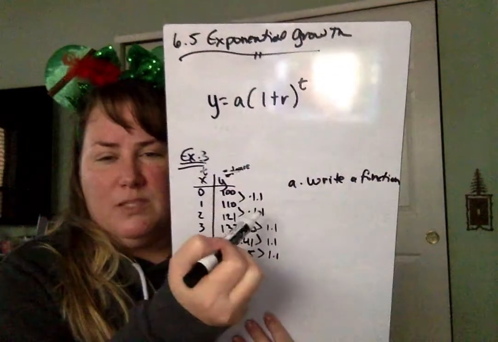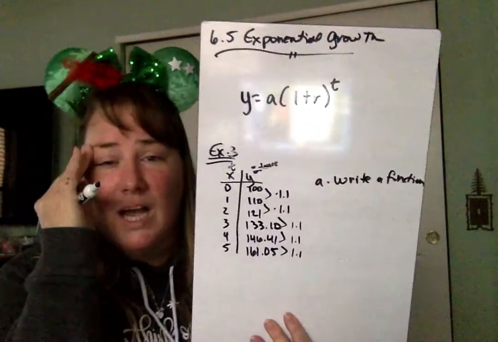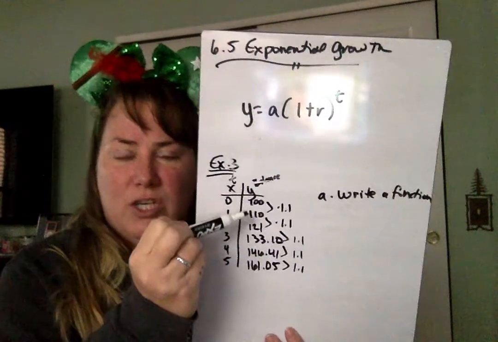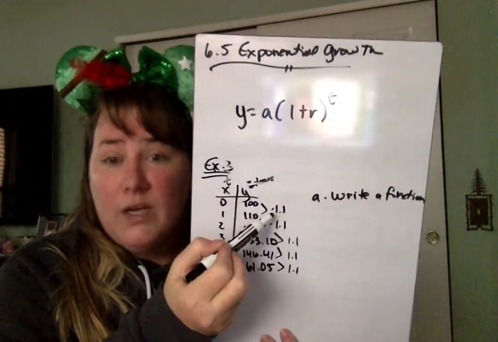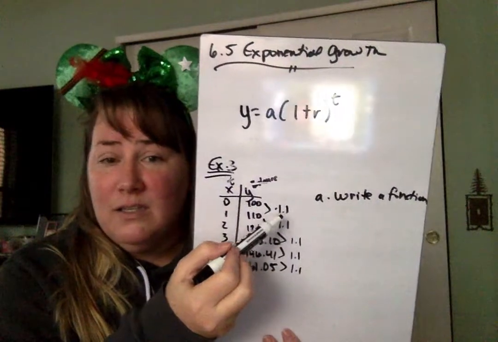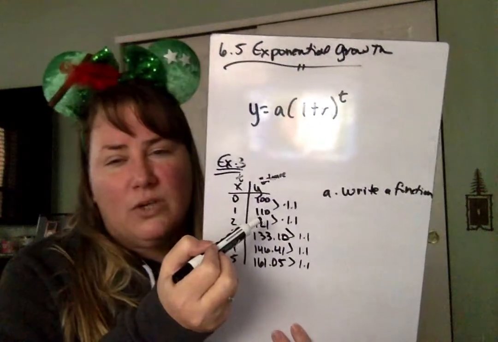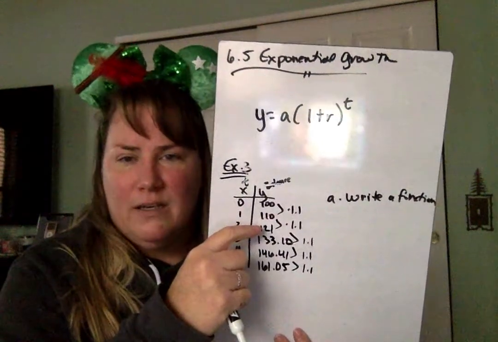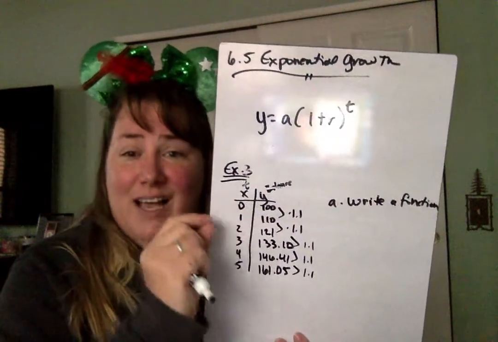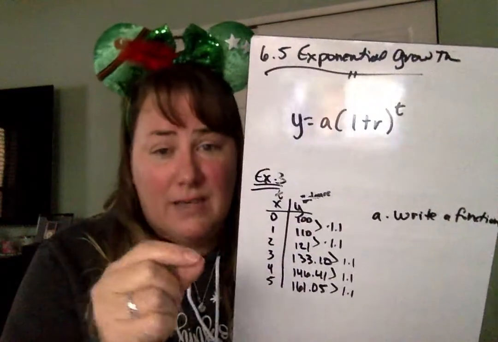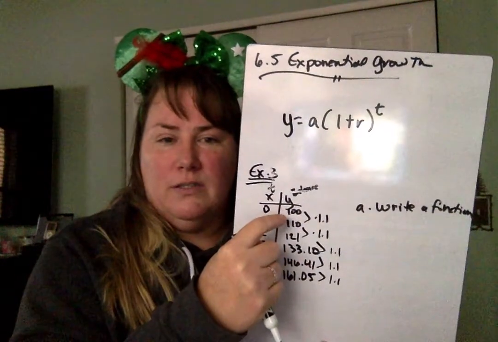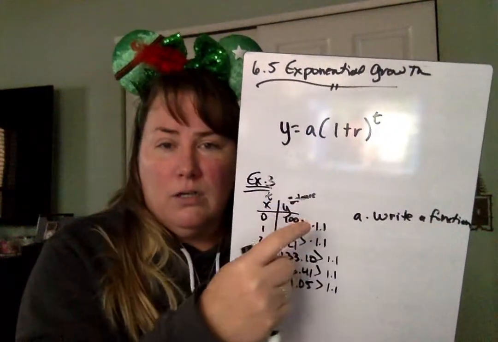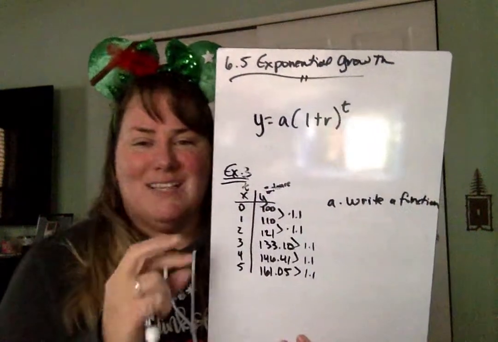So if we multiply this by 1.1, we've got to figure out what the actual rate is. Like, how much is it increasing? Is it increasing 110%? No, it's only increasing 10%, because the difference between 100 and 110 is only 10. And 10 is actually 10% of 100. So our R for this problem is actually 0.1.